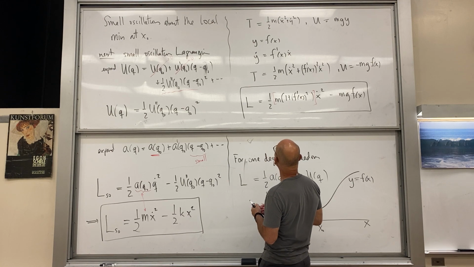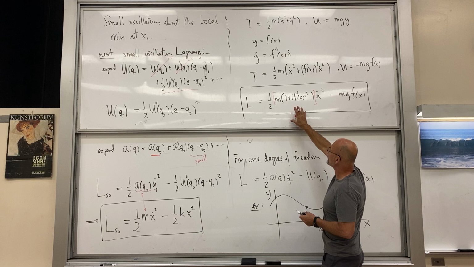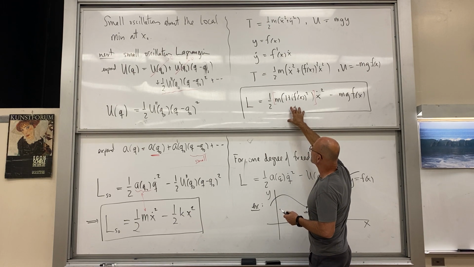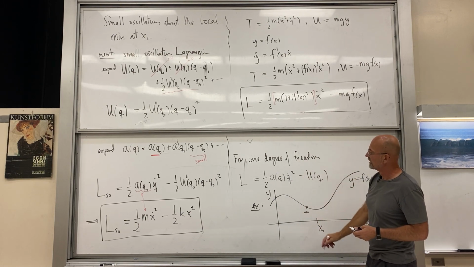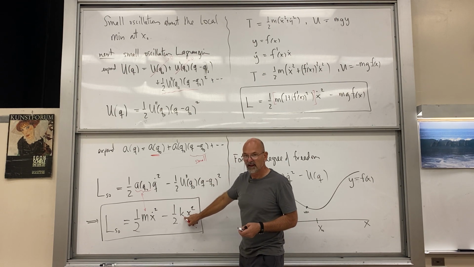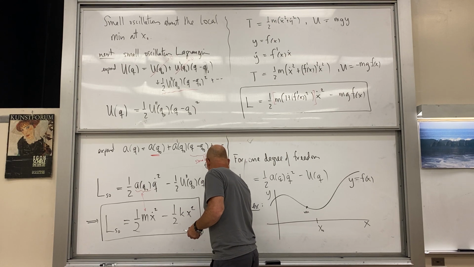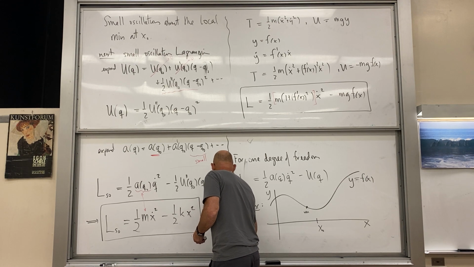And by the way, you can see what's going on here as well. This is the perfect example, this example with the bead. The U double prime of Q sub 0 is the K, and X is equal to Q minus Q sub 0, so of course X dot is equal to Q dot.